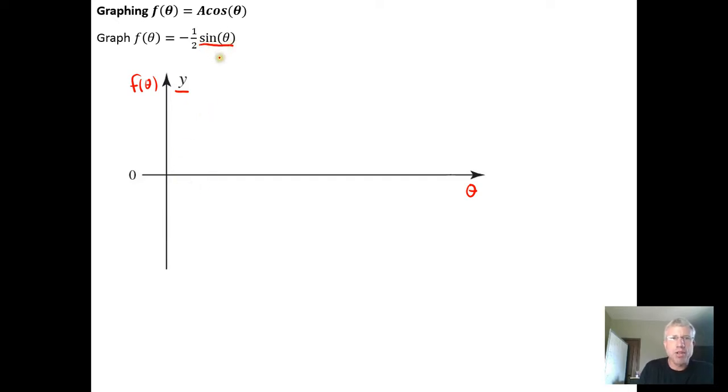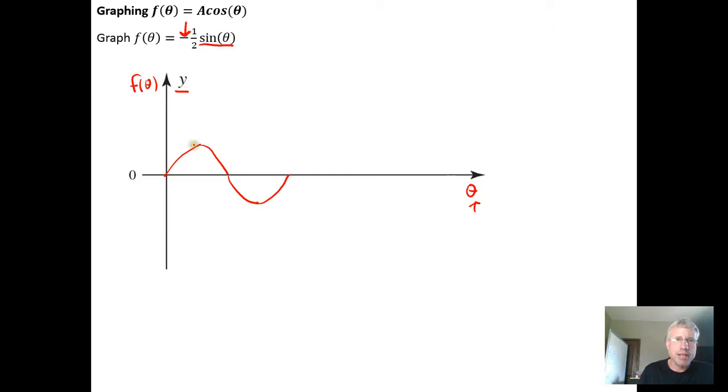The toolbox function sine theta usually starts at the origin, goes up to its high point, down to its low point, back down to the theta axis, then down to its lowest point, back up to the theta axis, which is where it all began, and then it repeats itself over and over again. But the negative sign on the scalar is going to cause a reflection in the theta axis.